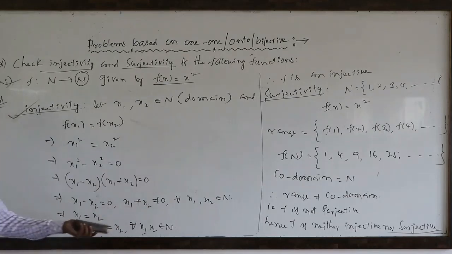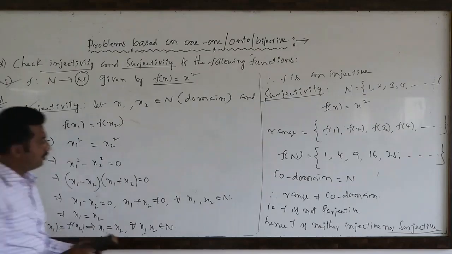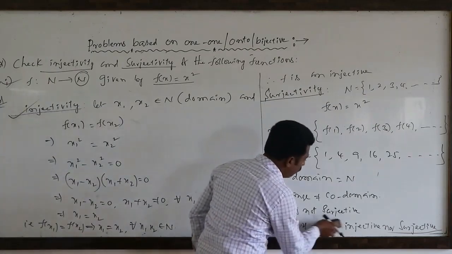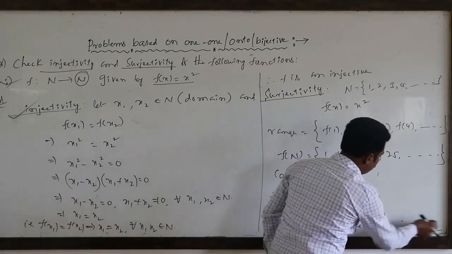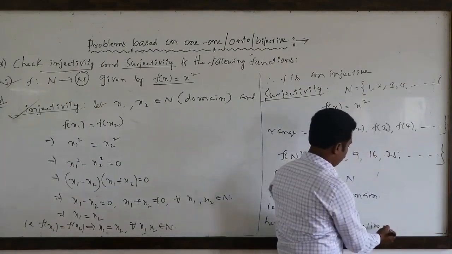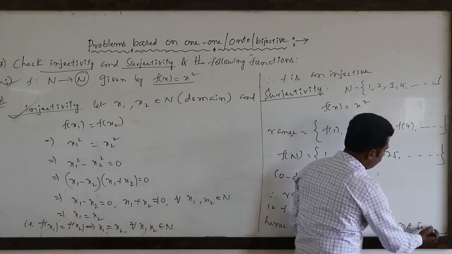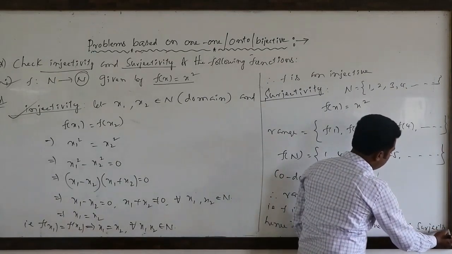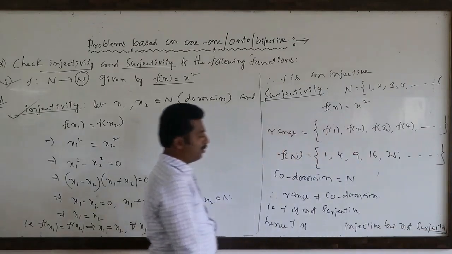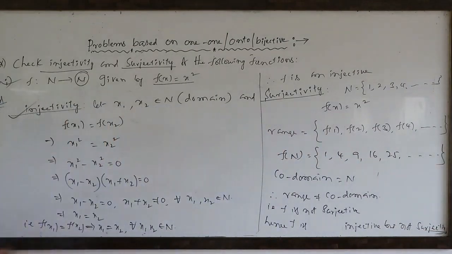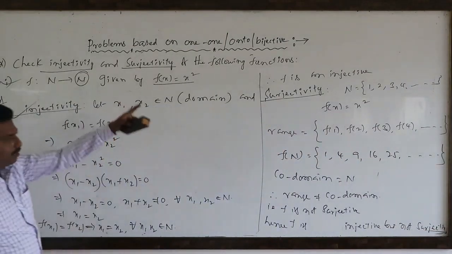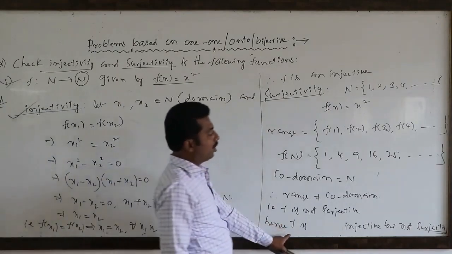So neither injective nor surjective we have to study. And in another case, this is injective but not surjective. Like that we have to define. So f is injective, f is not surjective.